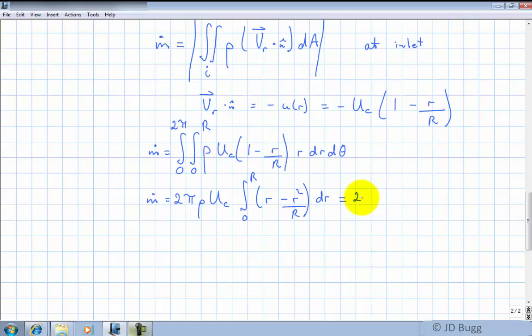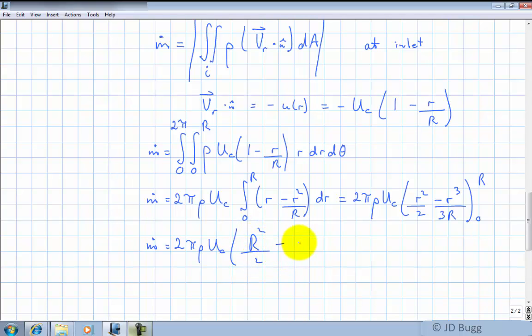So that's equal to 2 pi rho Uc [r squared over 2 minus r cubed over 3R] evaluated from 0 to R. So the mass flow rate equals 2 pi rho Uc (R squared over 2 minus R squared over 3), or pi rho Uc R squared over 3.